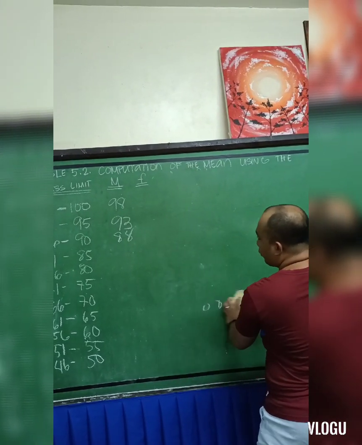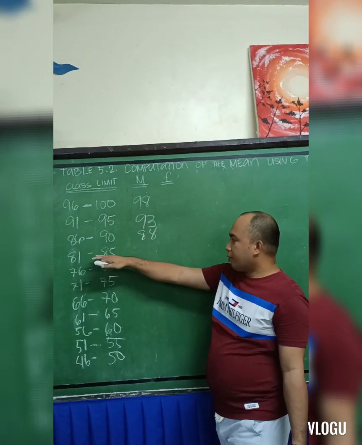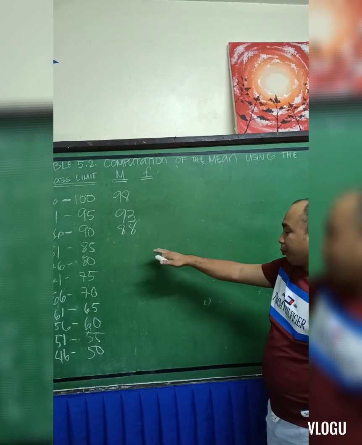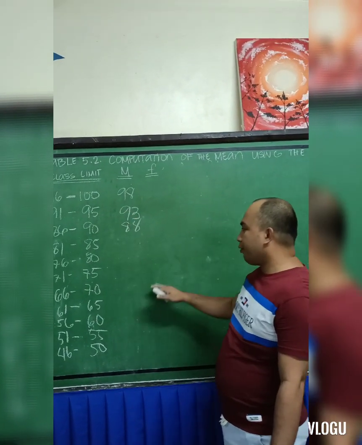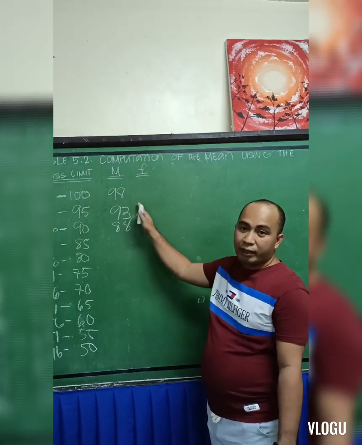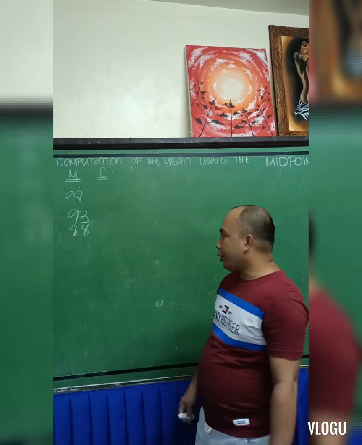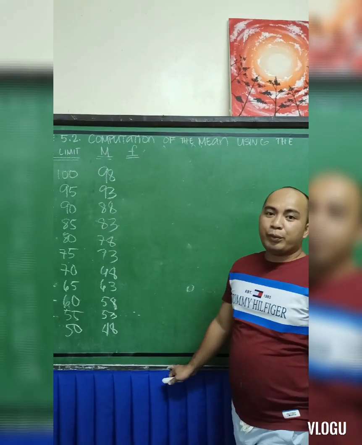Okay. So if you continue doing like this, just add the lowest boundary of the class limit plus the highest boundary of the class limit, divided by 2, you can establish your midpoint.